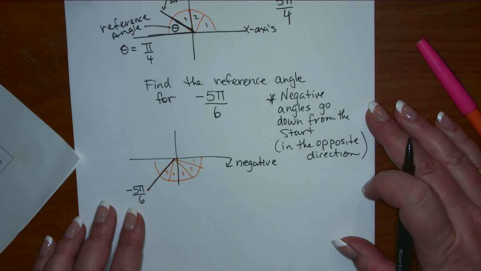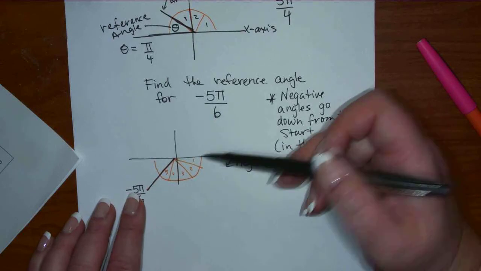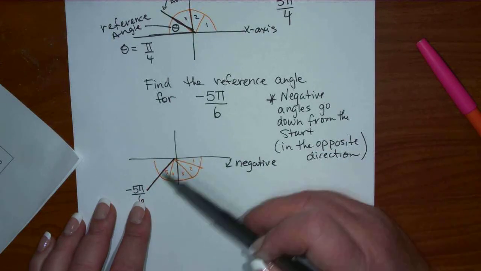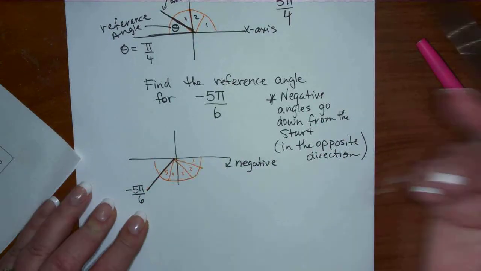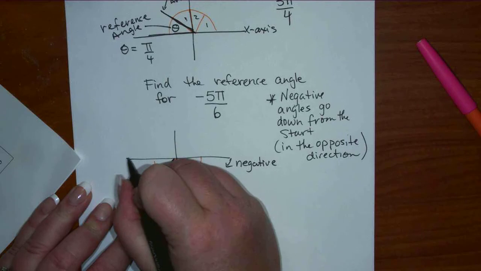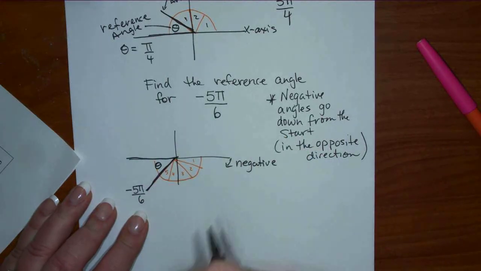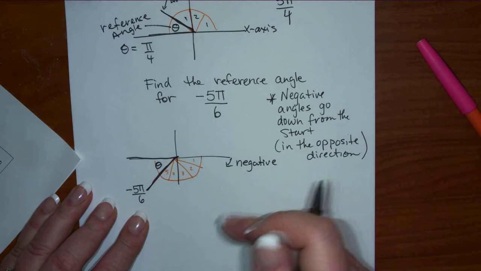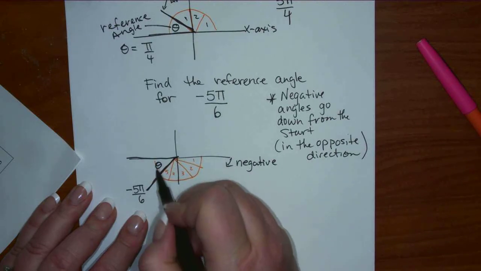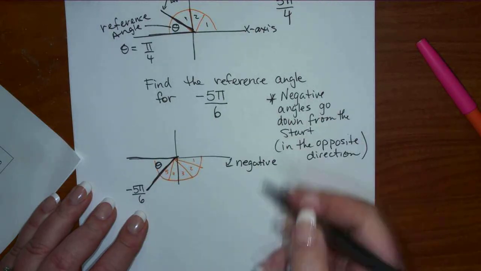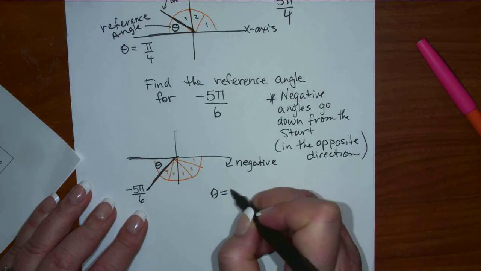What's the reference angle? The reference angle is between that arm that we just drew and the x-axis, and it never has a sign. It's just always whatever the size of the piece is. So it's this angle. How big is this angle? Pi over 6. Right. So the reference angle here is pi over 6. It's one piece of the pie.